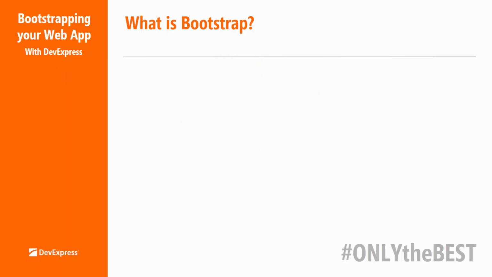So let us start with what is Bootstrap? Well, in one sentence, I mentioned it already. Bootstrap is a responsive CSS positioning framework. And what that means is that suppose you have a website. Well, you all know these days if you want to position elements on your web page, that is done through CSS.